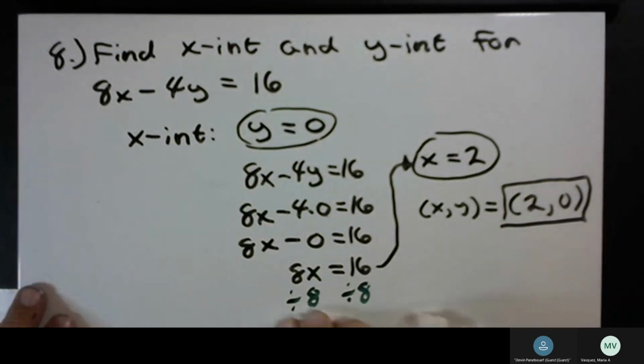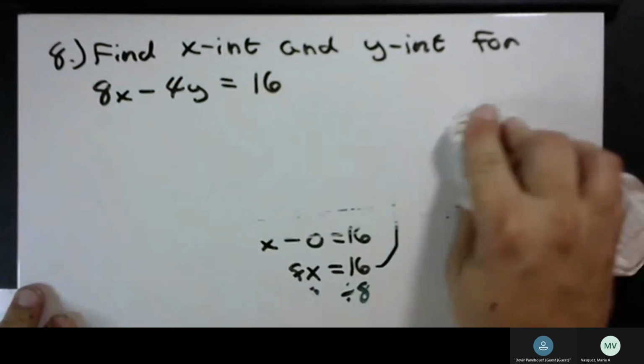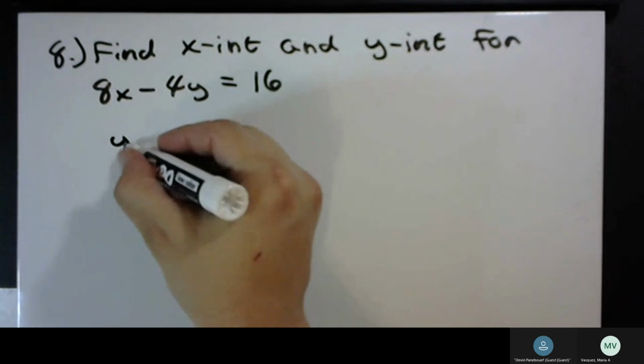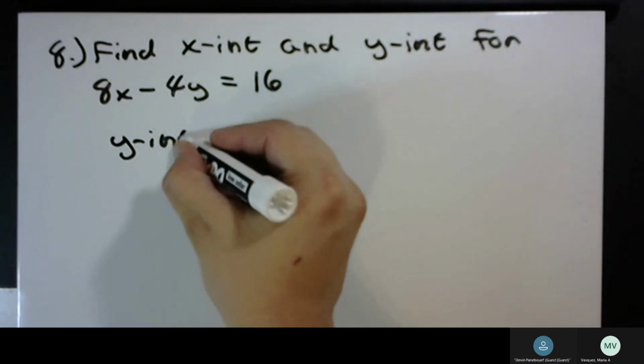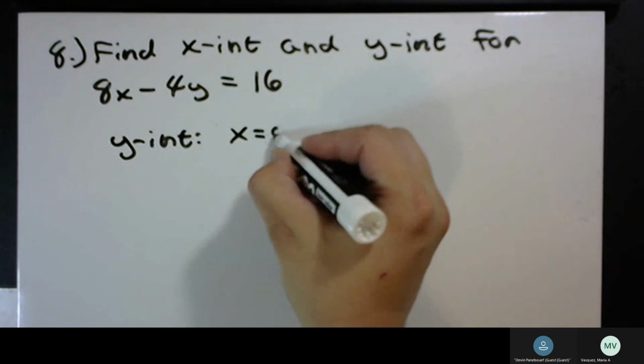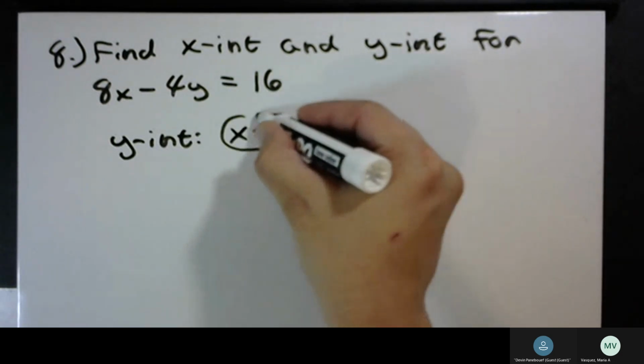So that's the x-intercept. Let's look for the y-intercept. Now in this case, we start out with x equals 0.